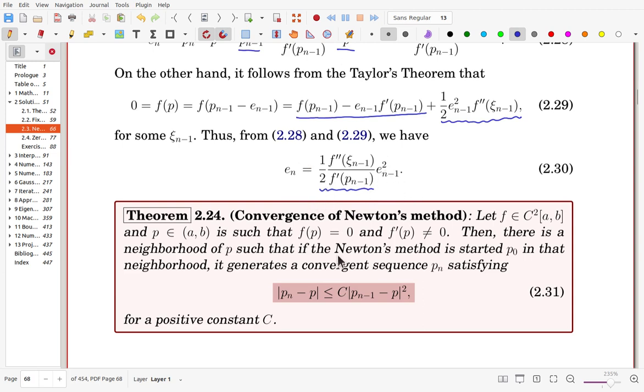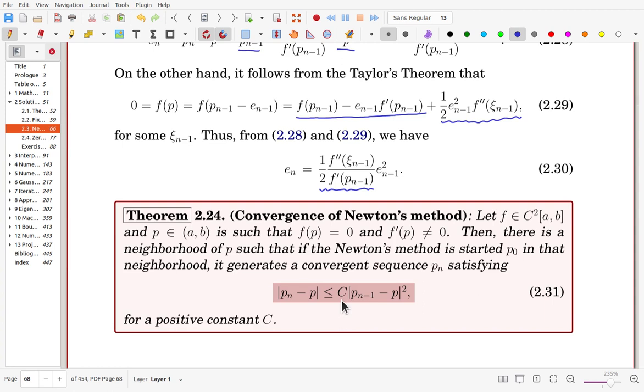So anyway, we can write such an inequality. This part is replaced by c. In fact, take the maximum near p. The maximum of this value can be used for this c.